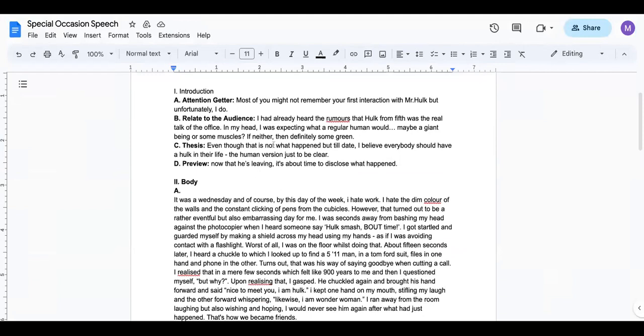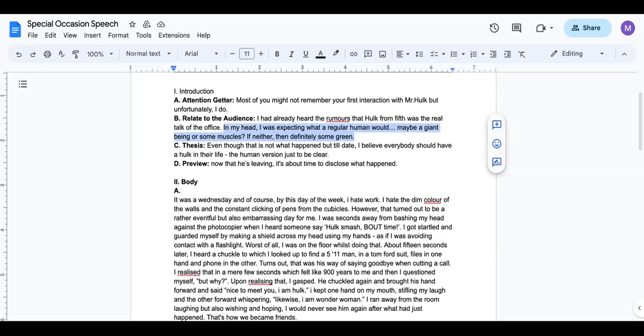I had already heard the rumors that Hulk from Fifth was the real talk of the office. In my head, I was expecting what a regular human would, maybe a giant being or some muscles. If neither, then definitely some green. Now this part where I am talking about what a regular human would be imagining when they hear the word Mr. Hulk, that is me relating to the audience, because the audience is regular human beings.